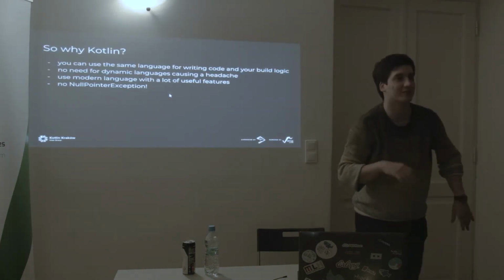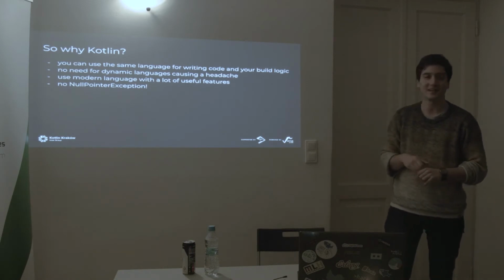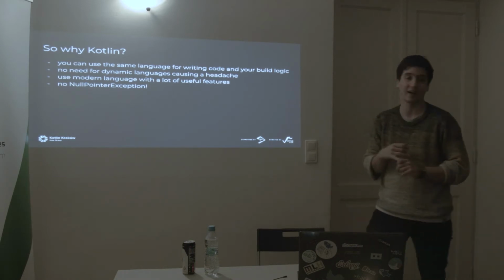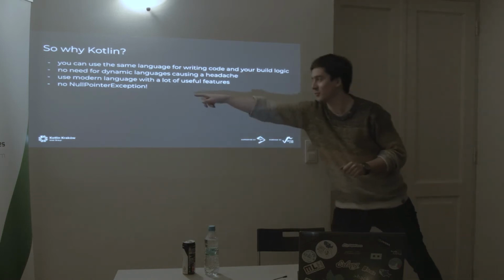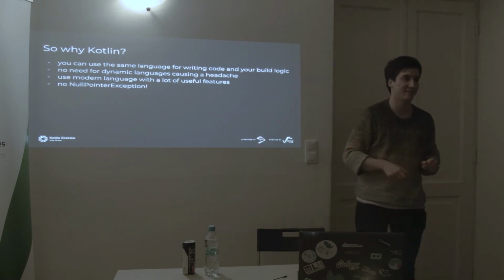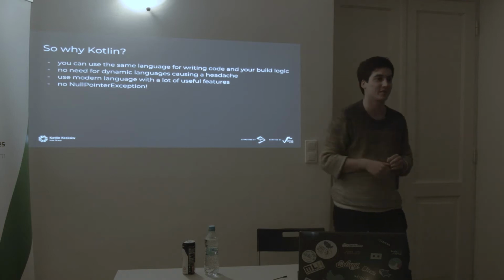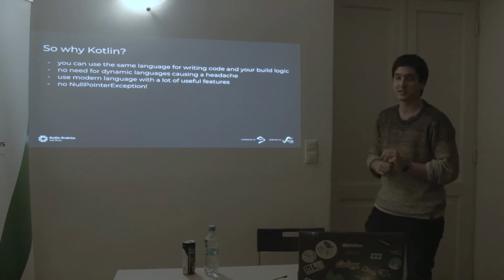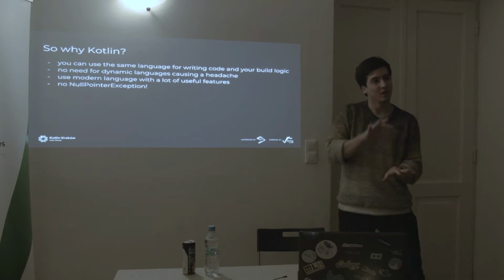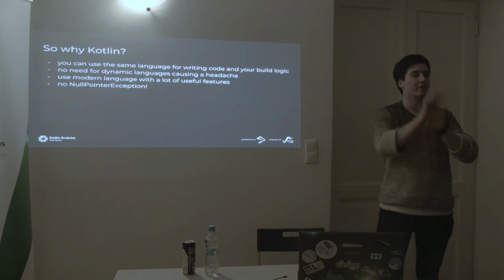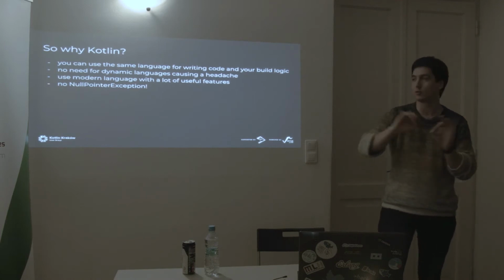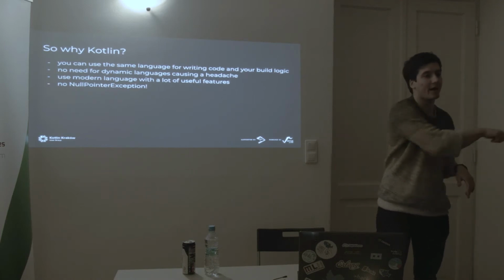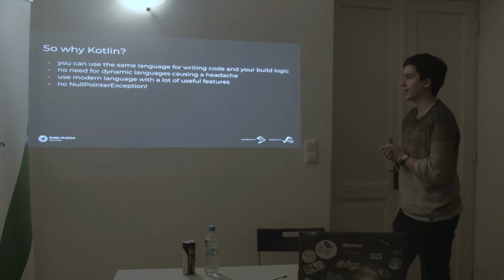And why would I use Kotlin? Maybe it doesn't need an explanation, but I would love to give one. No null pointer exception, that's the last one, but I think that's one of the more important ones because Gradle is crazy: when you run the configuration, everything's configured, the project starts to compile, and then bam, at some point there's a null pointer exception. You have to go back and do everything again.